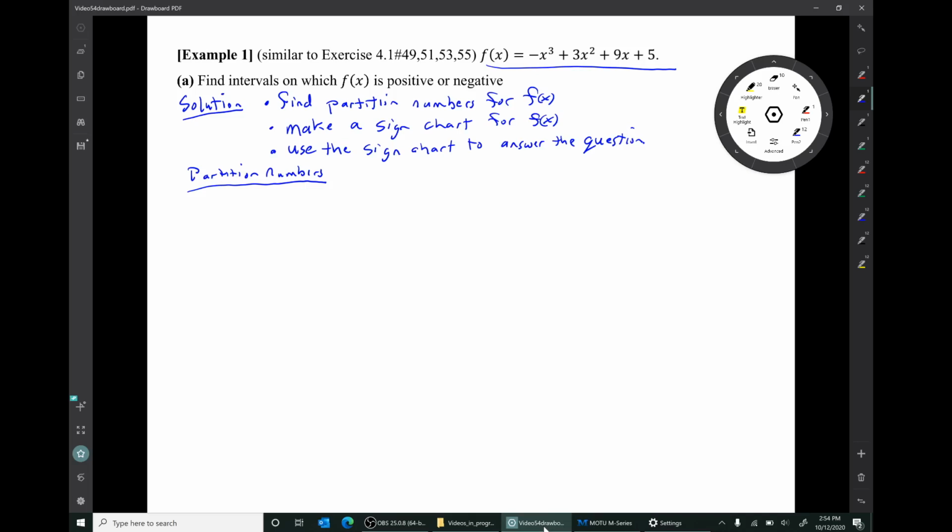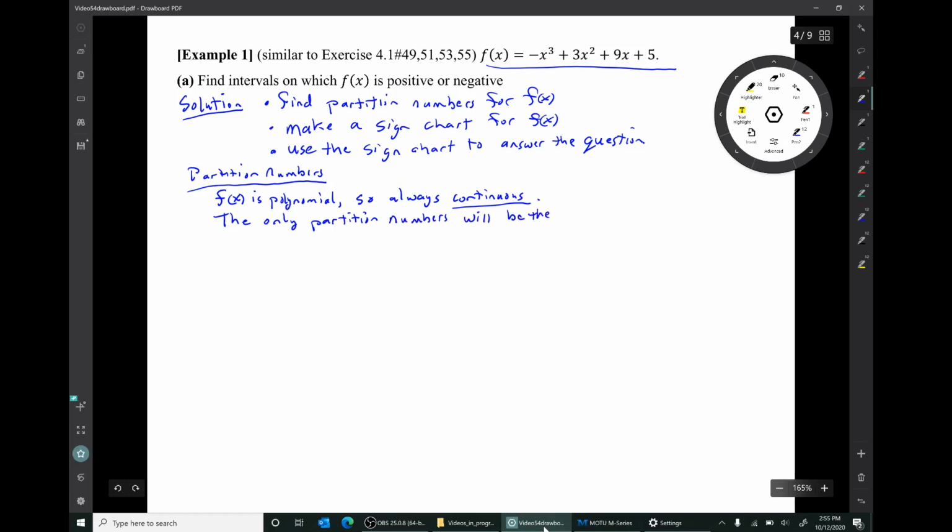There are no x values that will cause f of x to be discontinuous. So since there are no x values where f of x is discontinuous, the only partition numbers are going to be the x coordinates that cause f of x to be 0. So we have to set up this equation and solve for x.